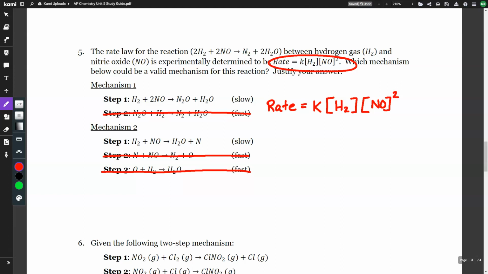And then for the second mechanism, we have rate equals K. We have H2, and there is no coefficient, so the second piece here will be just NO. And if you look, mechanism 1 matches the rate law that's given in our question. So that would be the answer.